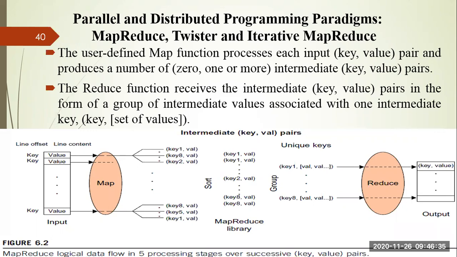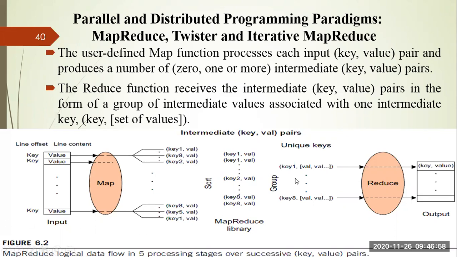So the main goal here is to process all input, that is key value pairs, in the map function in parallel. So you can see here, everything we have divided and are running in a parallel way. On the other hand, the reduce function receives the intermediate key value pair.